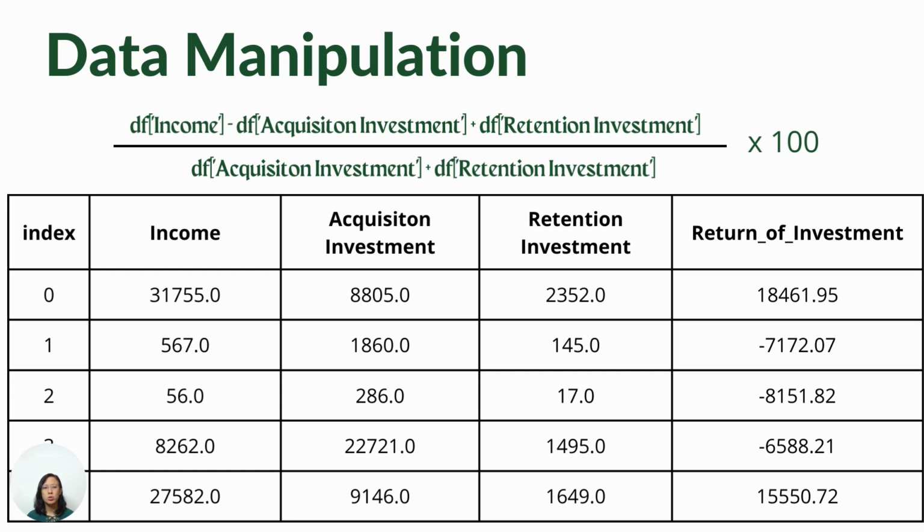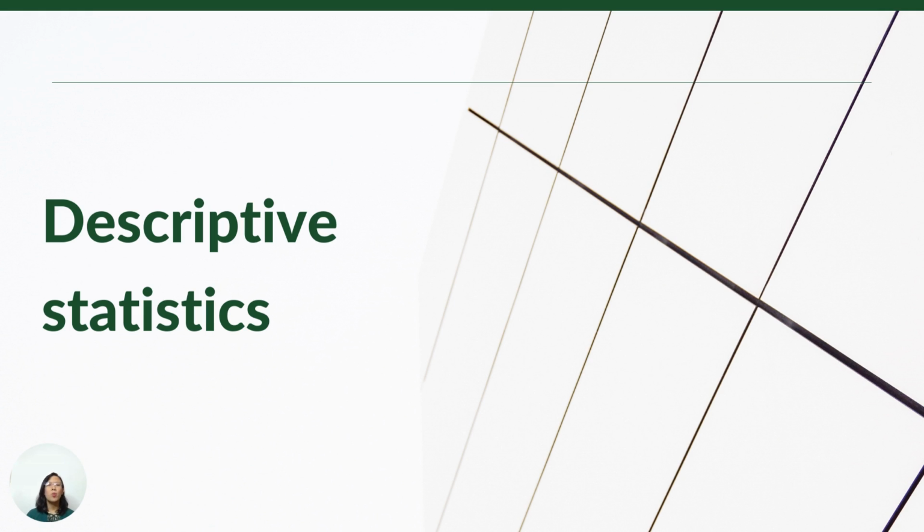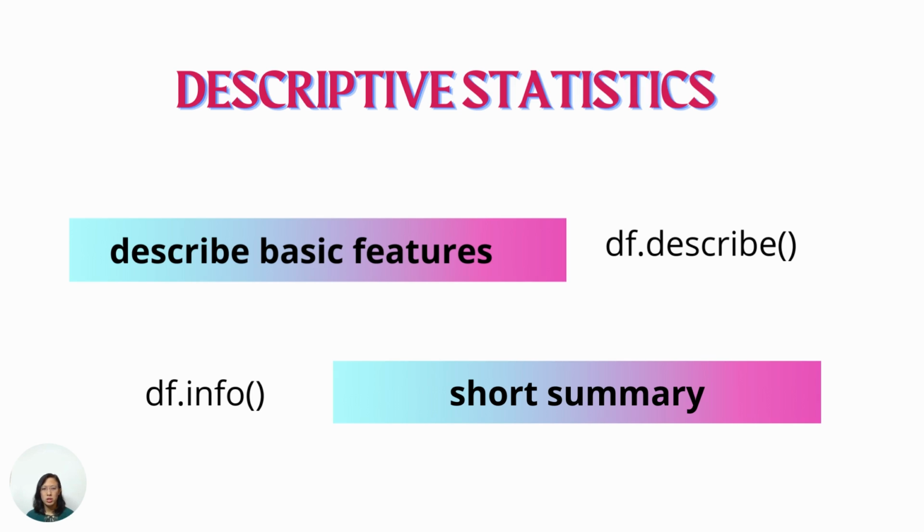Now let's look at the individual variable. For each individual variable, we want to compute the statistical values for each column. Just now we talked about the summarization of data using df.info.